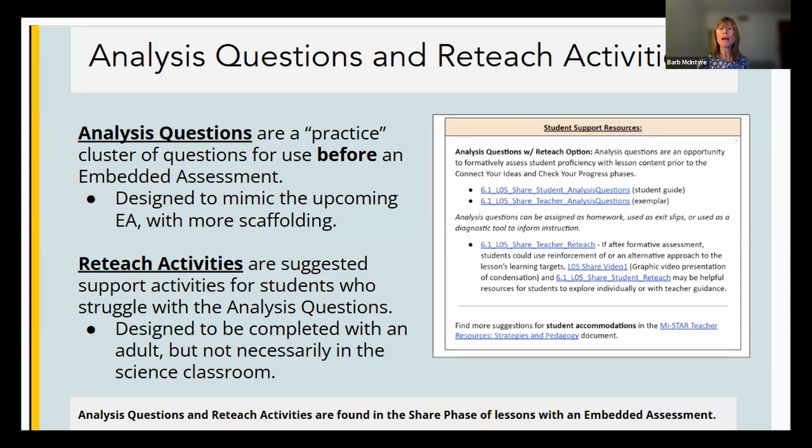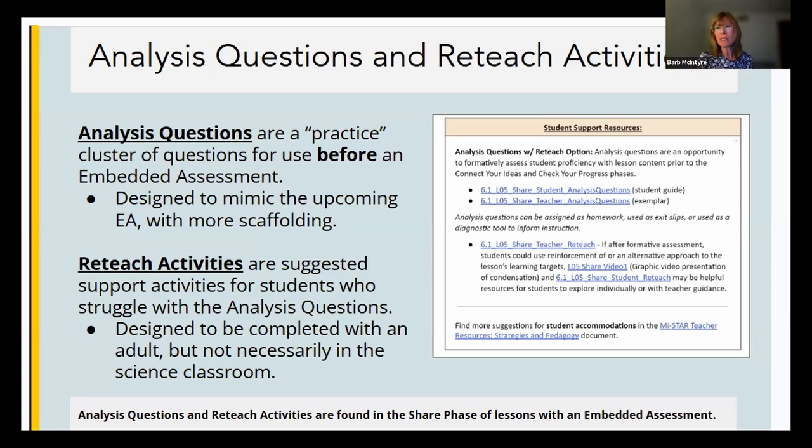We also include reteach activities, and these really vary quite a lot depending on the unit. So sometimes the reteach will be another version of the EA and the analysis questions with a new context and maybe even a little more scaffolding. Sometimes the reteach is going to be something completely different.